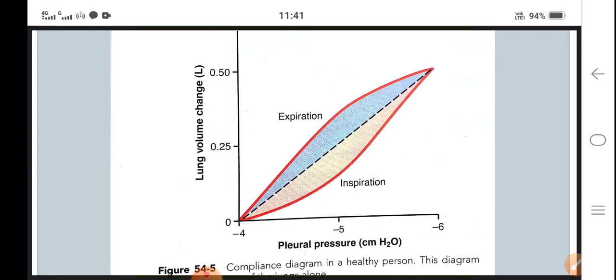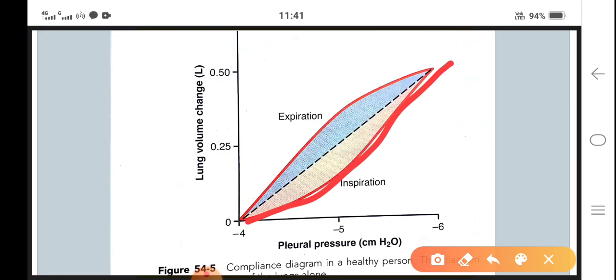The two curves are called respectively the inspiratory compliance curve and the expiratory compliance curve, and the entire diagram is called the compliance diagram of the lungs.